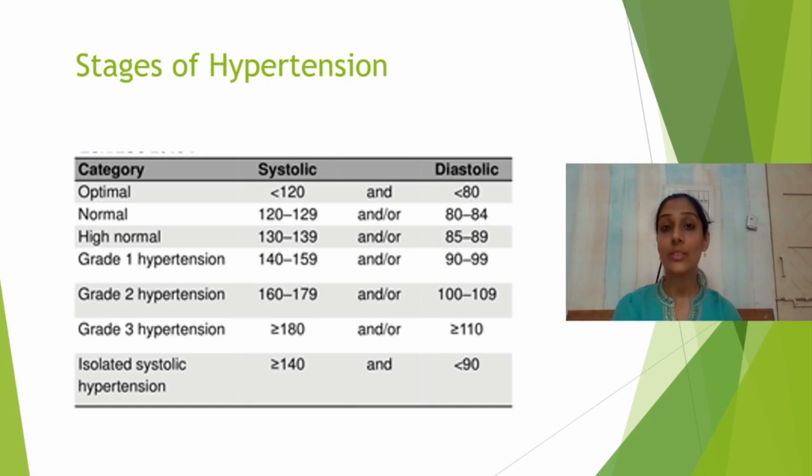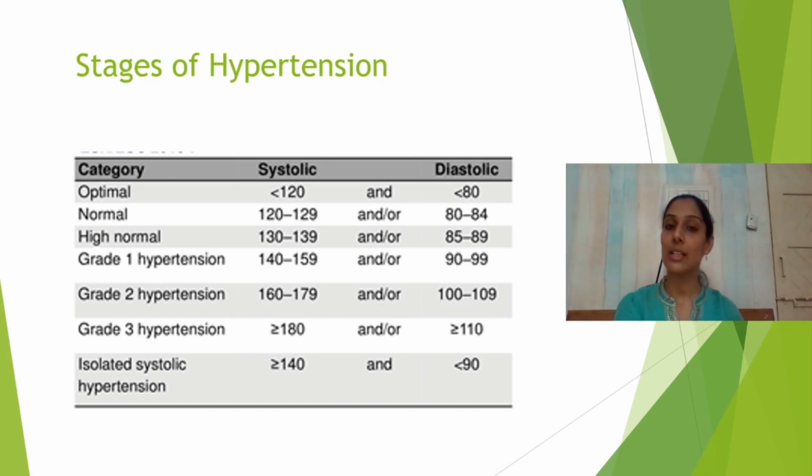Why so? Because systolic blood pressure rises to about 180 mm Hg and diastolic pressure to about 110 mm Hg. This is such a high blood pressure that the condition is called a hypertensive crisis, termed grade 3 hypertension.